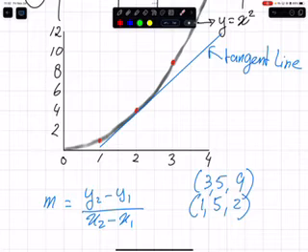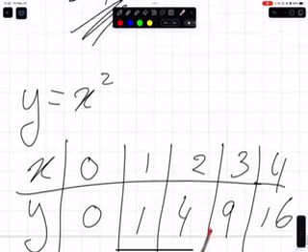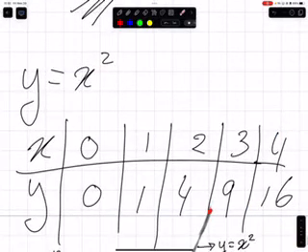To find the y, what do I do? 2 times x or x squared? What do you mean, find the y? To find the y, like you did, 1, 4, 9, 16. But I did it square.